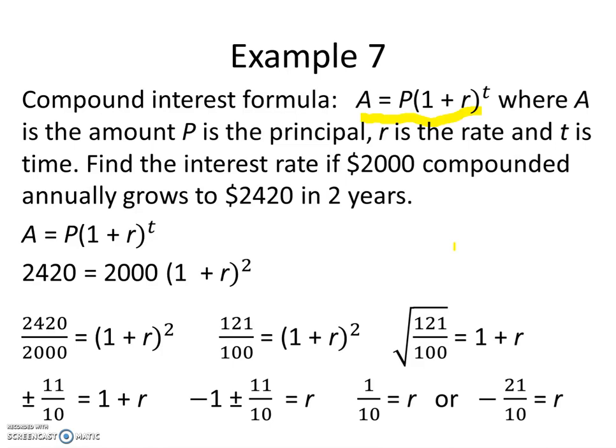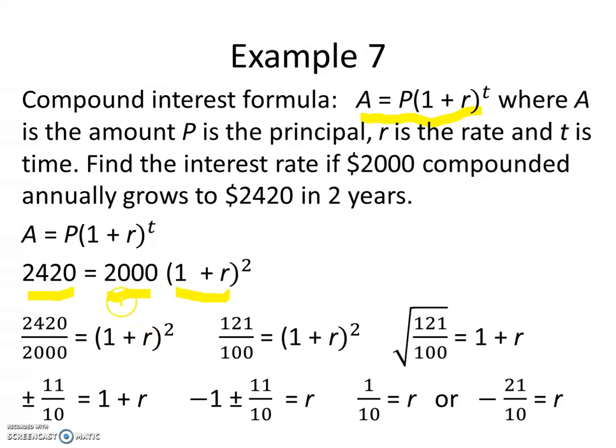Find the interest rate if $2,000 compounded annually grows to $2,420 in 2 years. So we simply plug in what we know. We know the amount is $2,420. We know our principal was $2,000. And we're trying to solve for our rate.